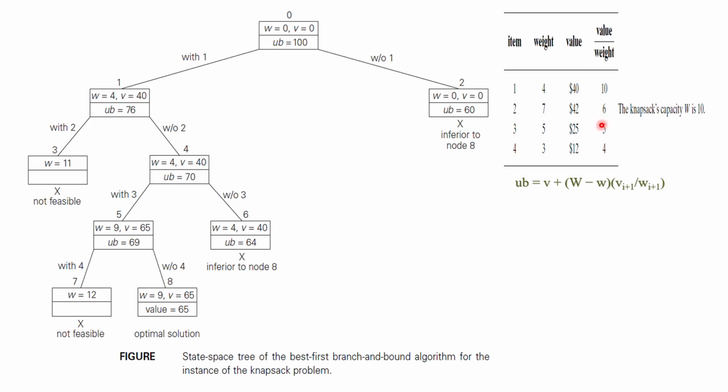After that, the ratio results you arrange in decreasing order, and based on that you shuffle all the items. I already arranged them in decreasing ratio order. See here, first is 10, next is 6, 5 and 4. The given capacity of the knapsack, capital W, is 10.